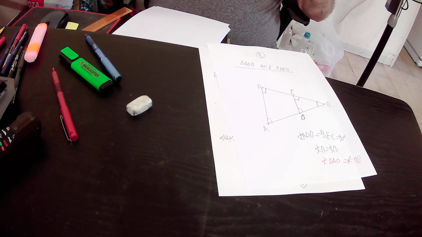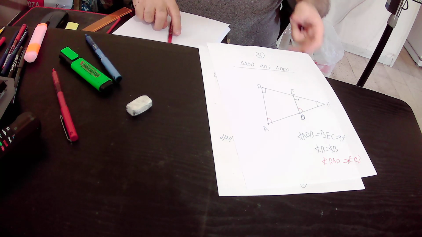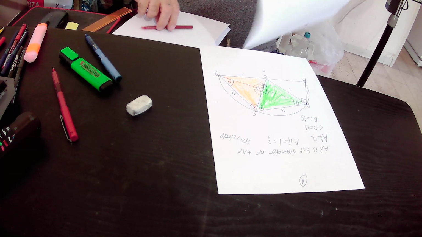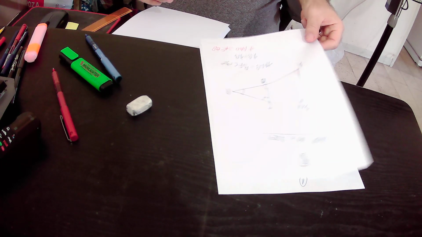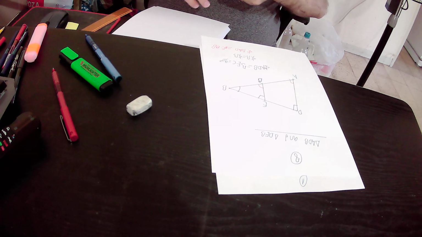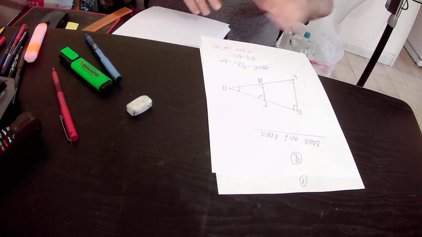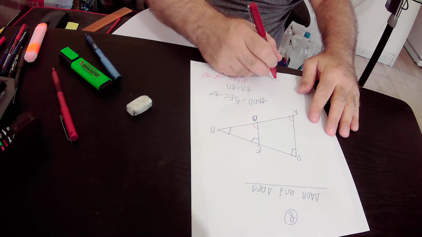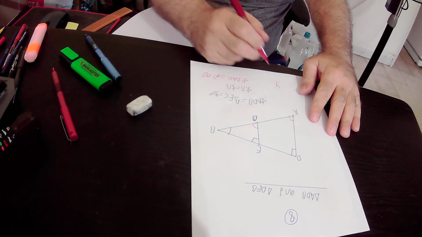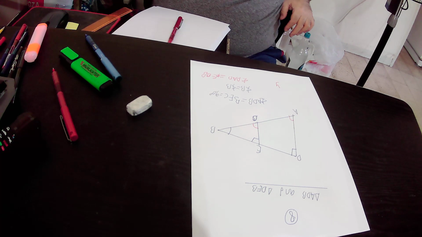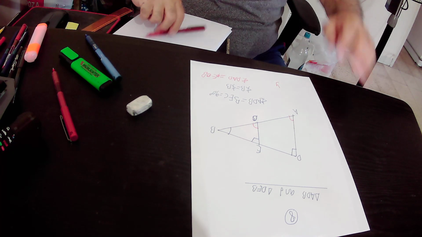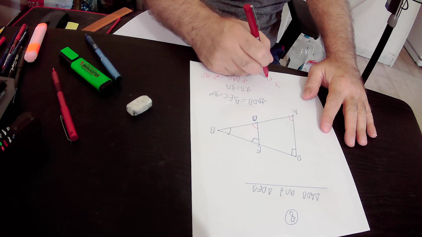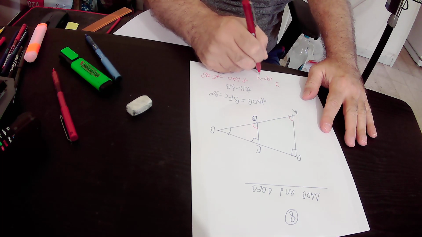Okay, because actually if we define the sum of the two angles that are equal to each other as y, then the third angle must be equal to 180 degrees minus y.